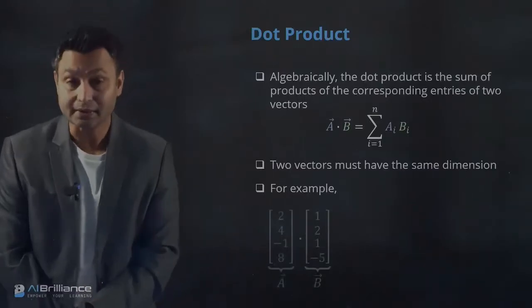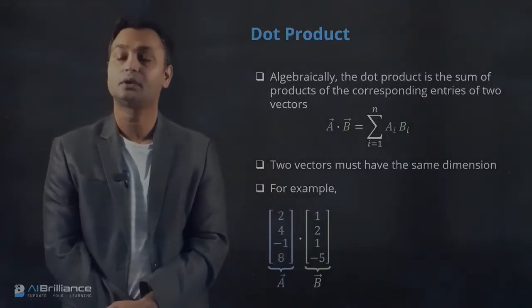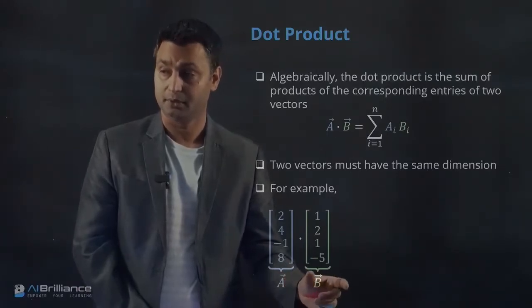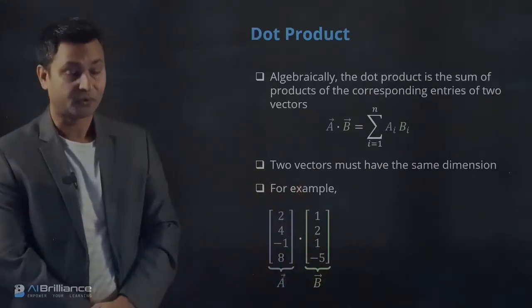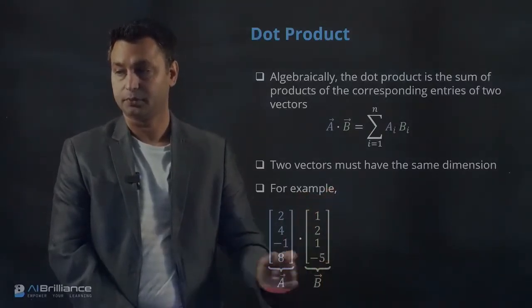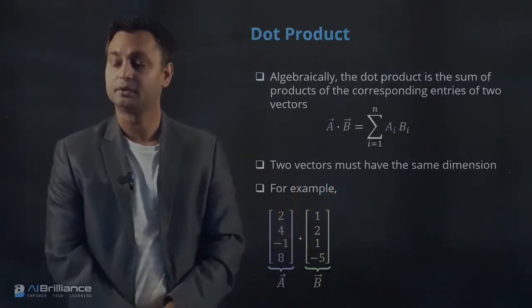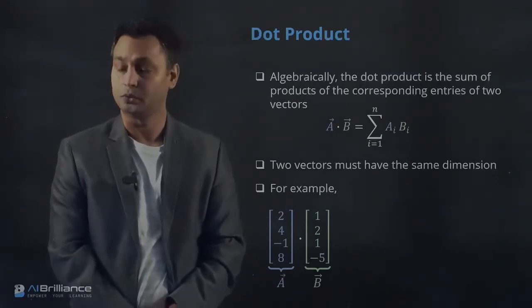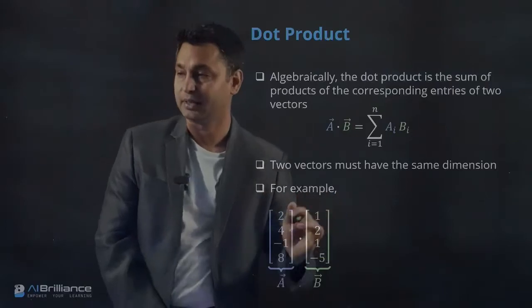Okay, so let's take an example and see how we can compute the dot product of these two vectors A and B. Here you can see we have a vector A which has 4 entries and a vector B which has 4 entries, and they have different entries in different locations. If I want to take a dot product of these two vectors, how do we go about that? The simplest way to understand is corresponding elements.